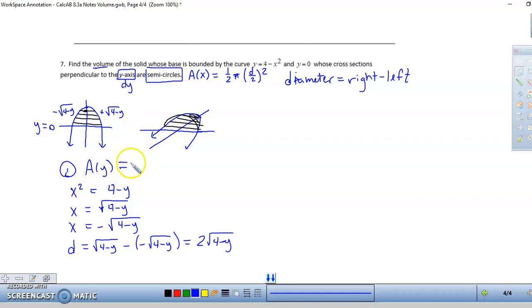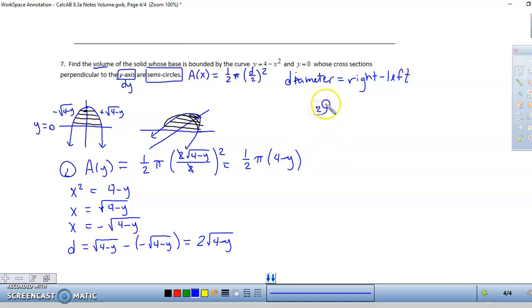Okay, so if I put that into this semicircle equation, I'm going to be doing 1/2 pi, and then the radius is going to be 2 square root of 4 minus y over 2, squared. Okay, then obviously this stuff will cancel, and then this square root squared will also simplify. So I get 1/2 pi, and then this would just become 4 minus y.